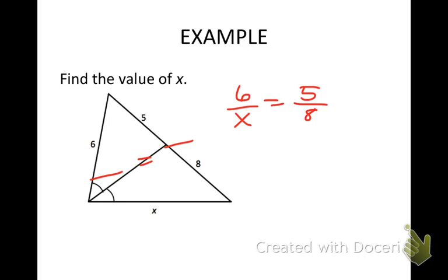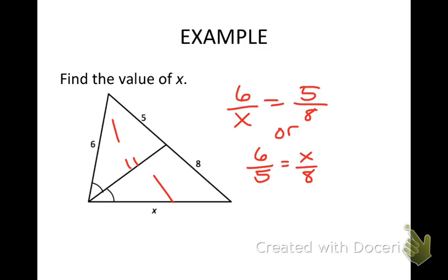Would it be incorrect to see it like this? No, it wouldn't be. So could I do 6 over 5 is equal to x over 8? Do I still get the same cross products? Yes.